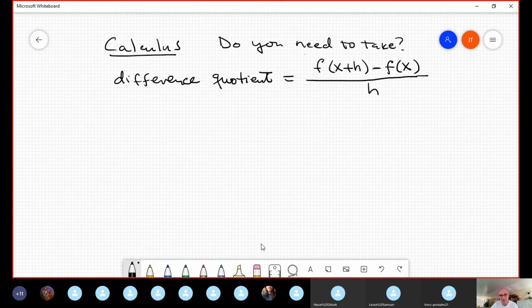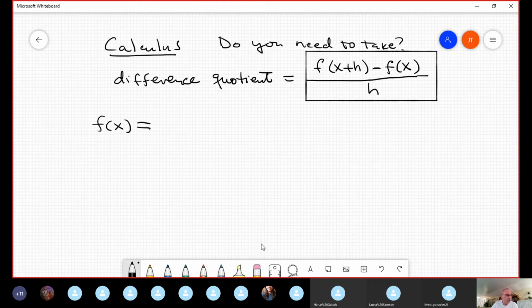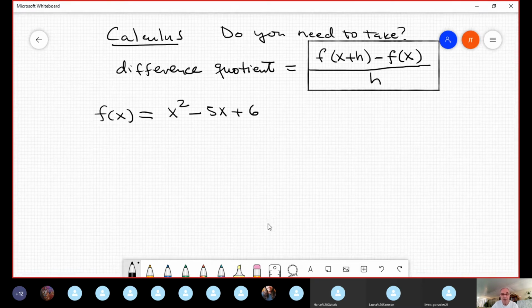It's a formula. I promise in the test, you will see one example like that. Compute the difference quotient of the following function. Let me start with an easy one: x squared minus 5x plus 6. To find that, the formula is a little bit complicated, no?